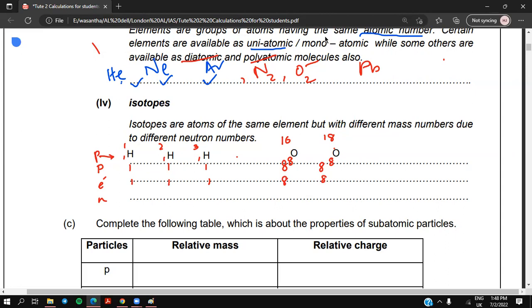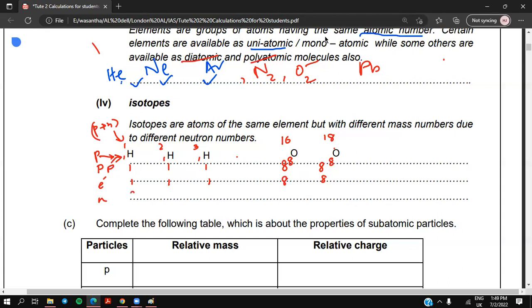And then we got neutrons. If there are two numbers here, number 1 up there, number 1 down here, the lower one is the proton number. Upper value is proton plus neutron. Therefore, we can find out the neutron number if you remove the atomic number from the mass number.